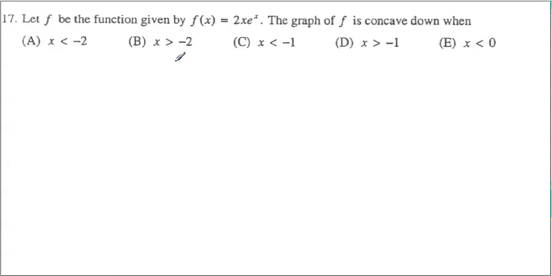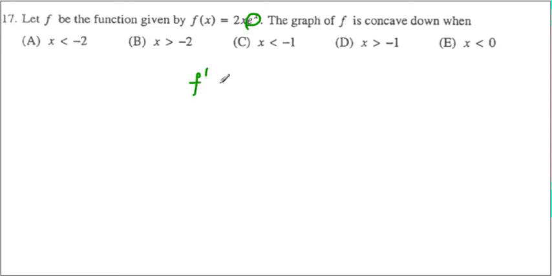Number 17. We know that the graph is concave down when this portion e to the x will always be positive, so it wouldn't affect at all. Then to figure out the concavity, what we like to do is taking the second derivative.